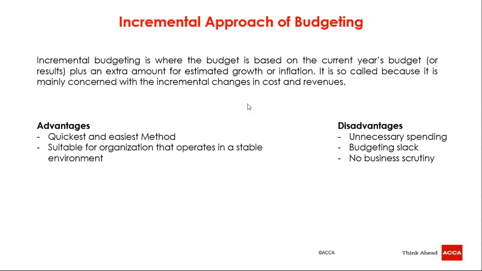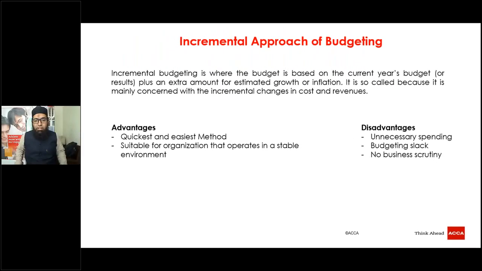The budgetary slack is making a spare portion of the budget. So for example, if I can buy a component at, suppose, $10 per unit, just to be on the safe side, I set a budget of $11 per unit.